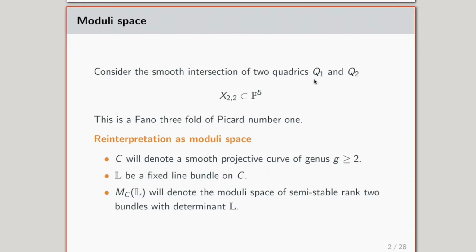I will fix C, a smooth projective curve of genus g at least 2 throughout, and I will fix L, a line bundle on the curve.